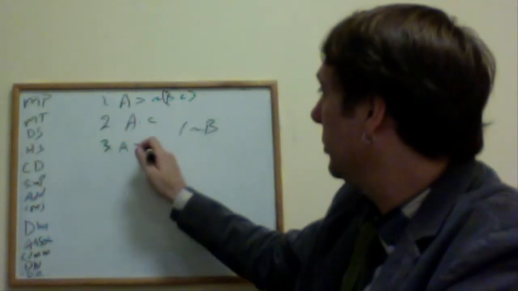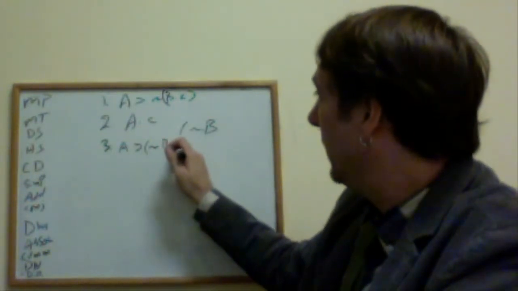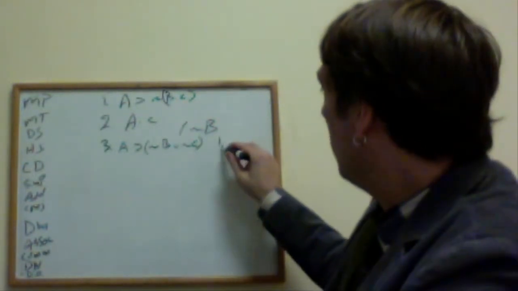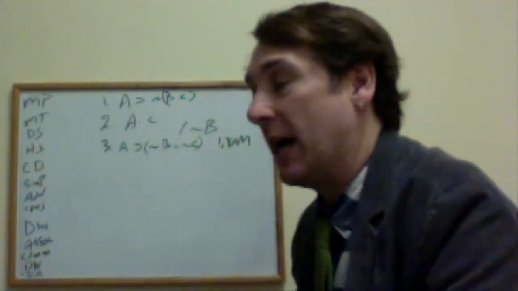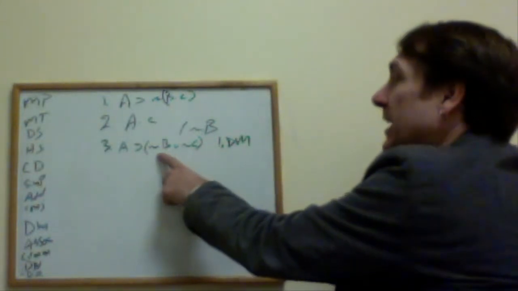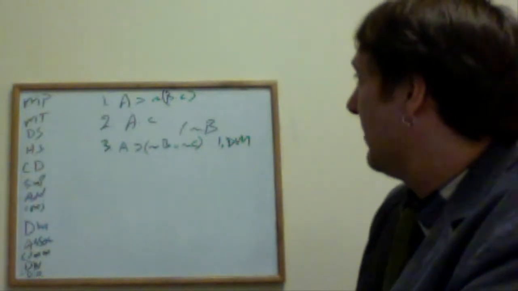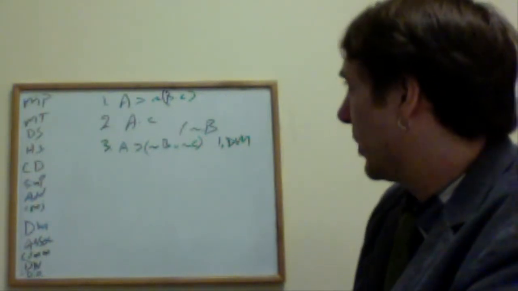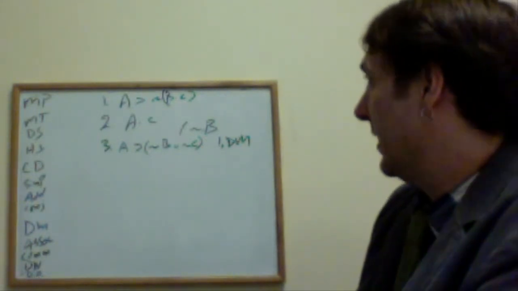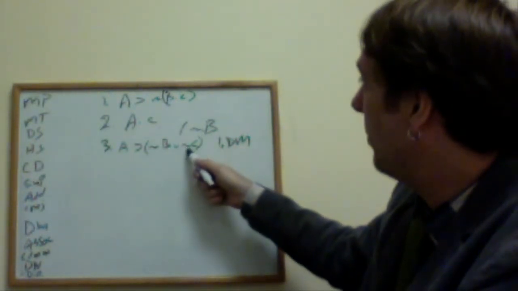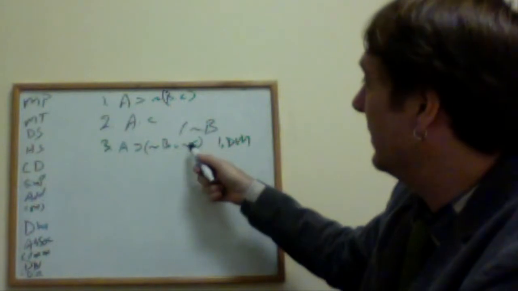We can write A horseshoe tilde B wedge tilde C, and we got that from line 1 by using De Morgan's rule. So now we can see tilde B here, and that's good because we're going to want that for something, and we want to get that tilde B out of here, so probably what we're going to need to do is get it from here.